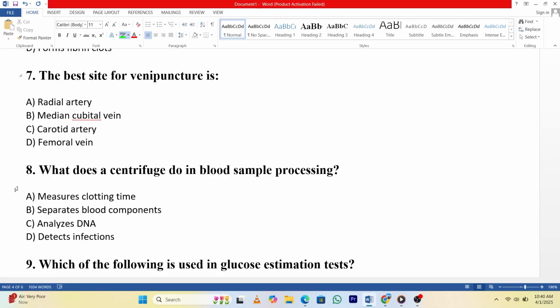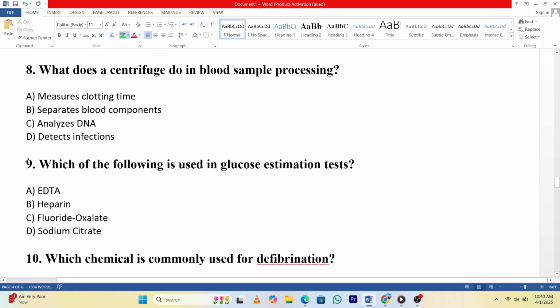C. Carotid artery. D. Femoral vein. Answer: B. 8. What does a centrifuge do in blood sample processing? A. Measures clotting time. B. Separates blood components. C. Analyzes DNA. D. Detects infections. Answer: B.